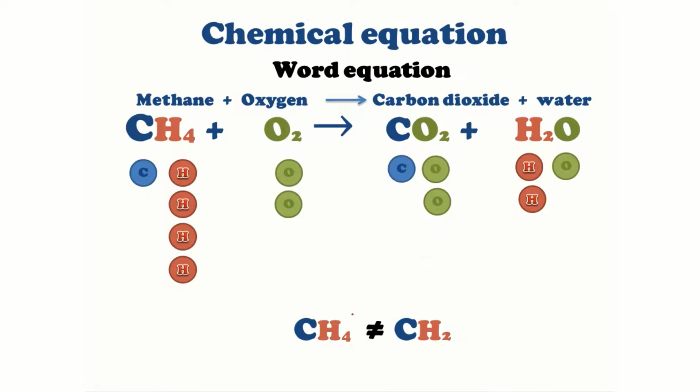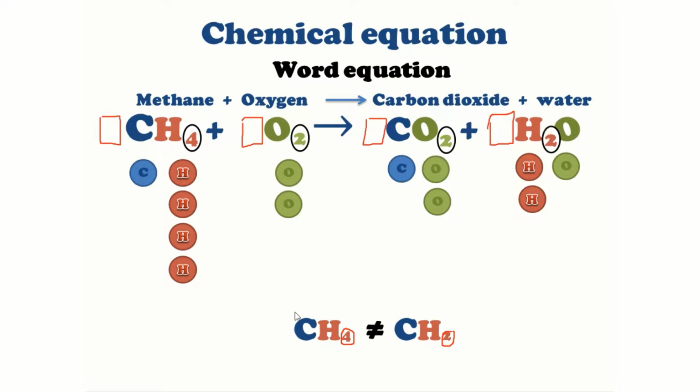In other words, when balancing a chemical equation, we don't change these subscript numbers, because changing them means we're changing the molecule. Rather, we multiply the molecule itself by a numerical value. It's trial and error, so we multiply the molecule itself and see if the equation is balanced or not.